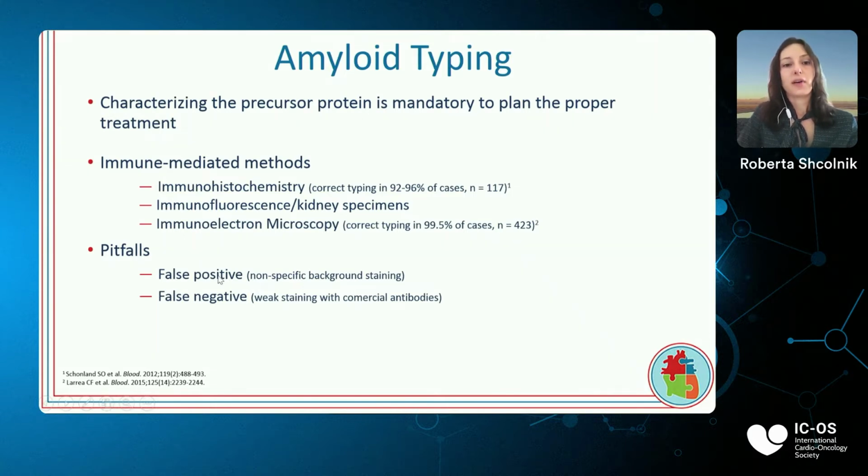Just to exemplify, the false positive may be due to a non-specific background staining of other proteins, and the false negative may be due to a weak staining when we use especially commercial antibodies, and then they need, in some situations, to be combined with other commercial antibodies or even in-house made antibodies. The role of the experienced laboratory is another issue that is really important in making the correct diagnosis.